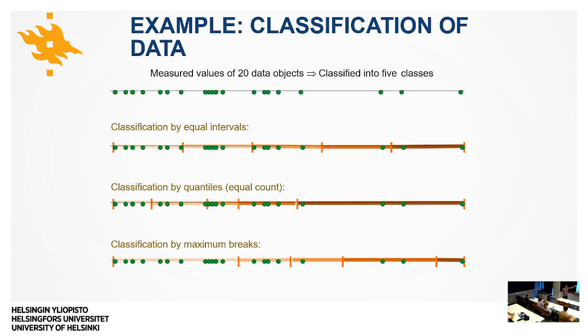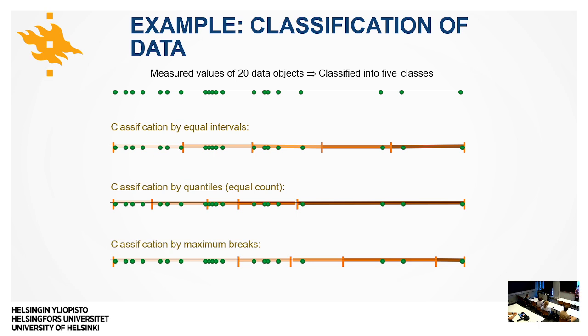This is a visualization of how this would work with different methods. That's your data, and you essentially put the classes in different places. For example, with equal intervals, you have equal intervals. With quantiles, you have an equal number of data points that fall within each of your classes, but the classes can be different. Then there is something based on the breaks in the distribution of data, like what the natural breaks Jenks method does.